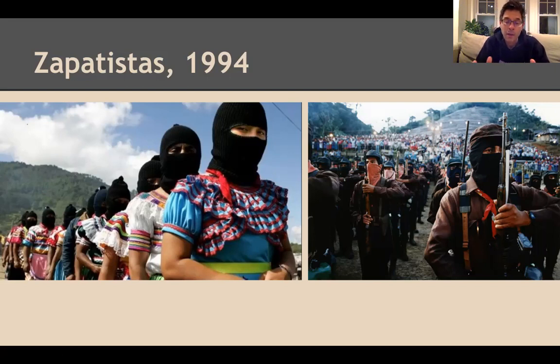A number of them had grouped in the Lacandon jungle. This is really in southern Mexico, mostly situated in the state of Chiapas, which has a very large number of indigenous people. Unlike the United States, which Mexico does share some resemblance to in many ways, but is very different in many other ways.